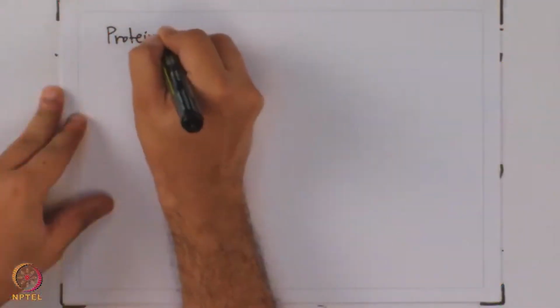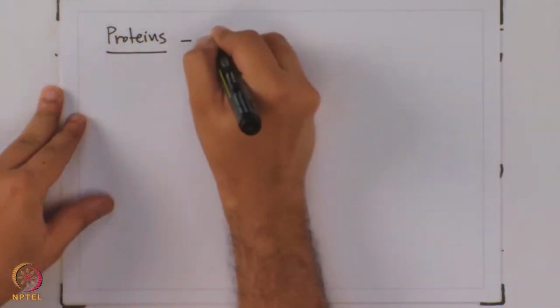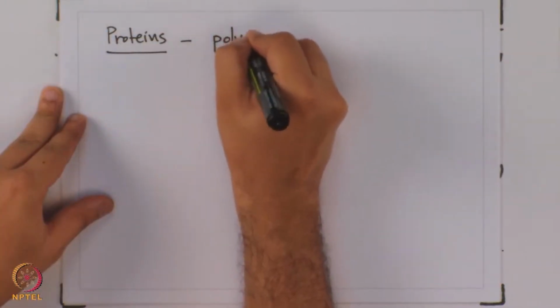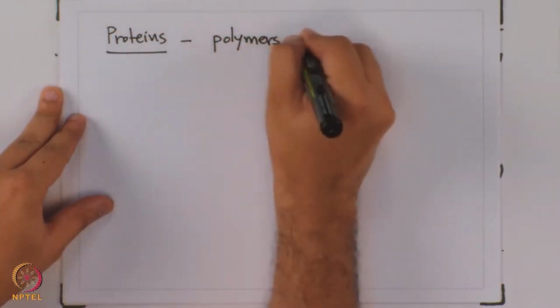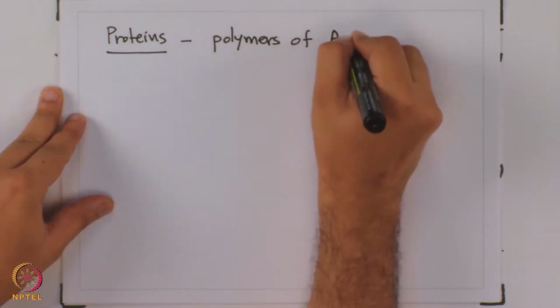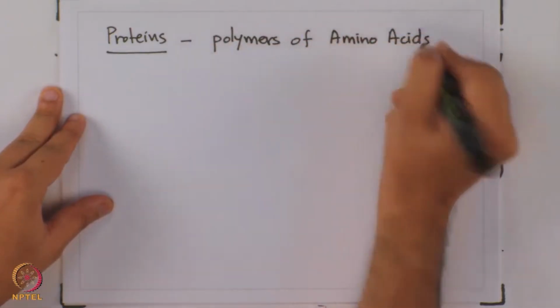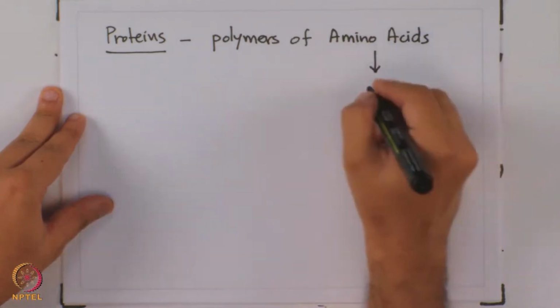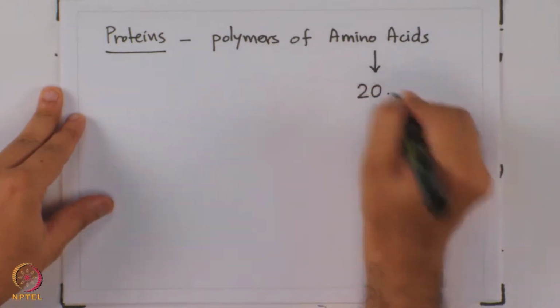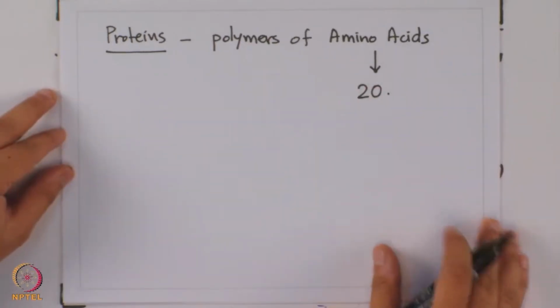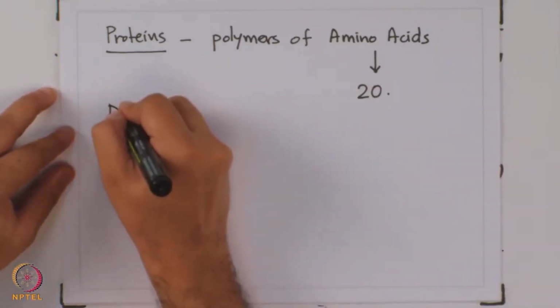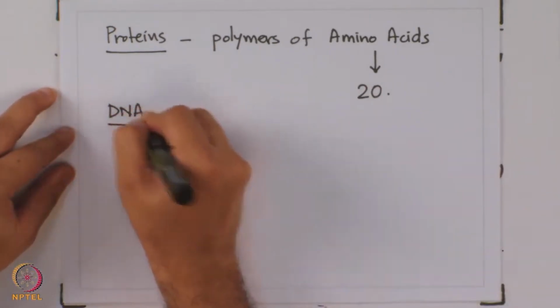Proteins, which are polymers of amino acids, and amino acids there are 20 natural amino acids that comprise these proteins, and of course, DNA is a polymer of nucleotides.